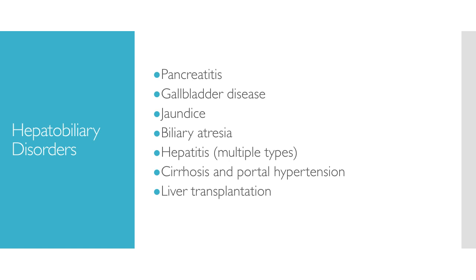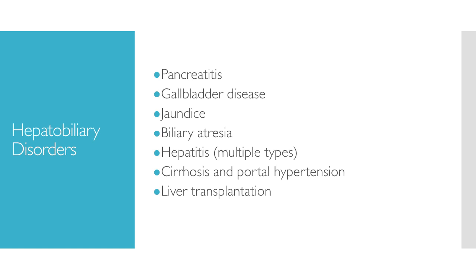But it's not associated with kernicterus. And then there's also ABO incompatibilities, which you should have learned about in OB, that affects the child with jaundice.